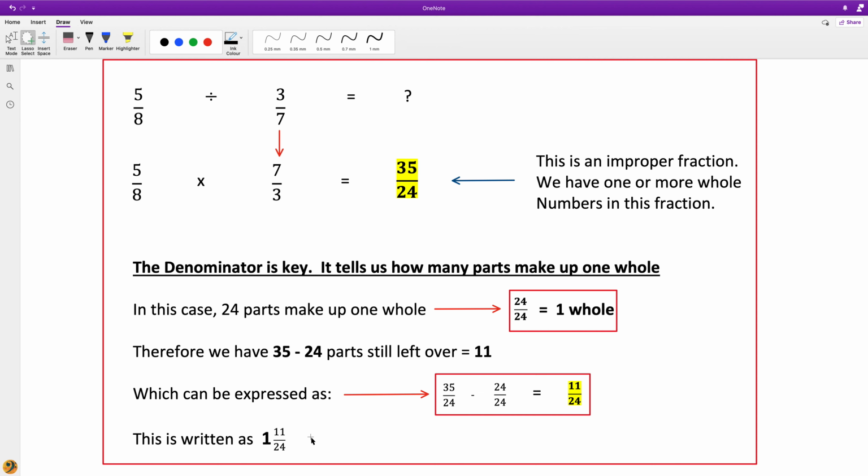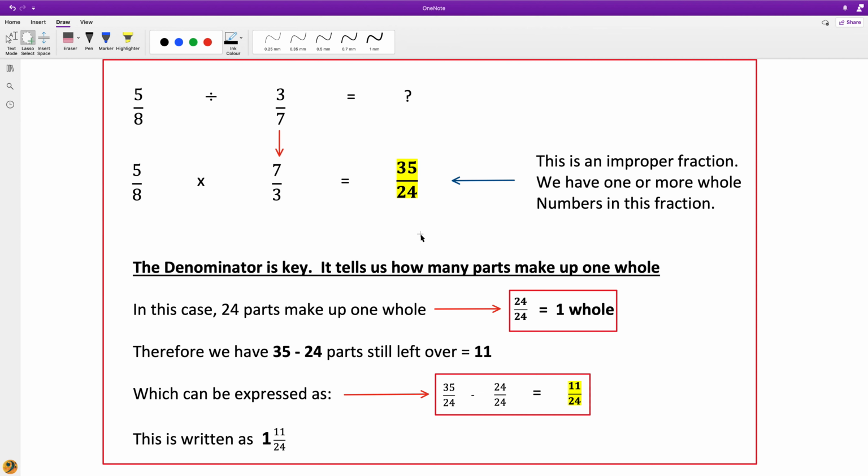Hopefully that's some good enough detail there for you to improve your understanding and show all the steps of working out whenever you have to come up and solve a fraction problem which involves dividing two fractions together.